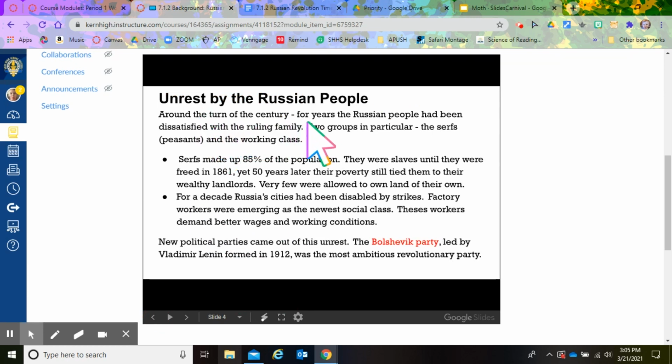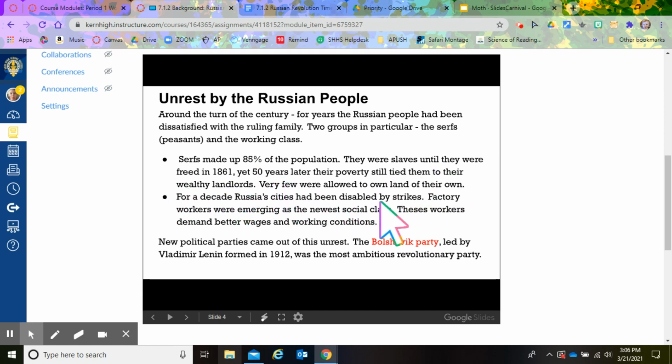So around the turn of the century, so like 5 years later, basically, for years the Russian people had been dissatisfied with this ruling family. Two groups in particular, the serfs, which are the peasants, and the working class. So the serfs made up about 85% of the population. They were slaves until they were freed in 1861.